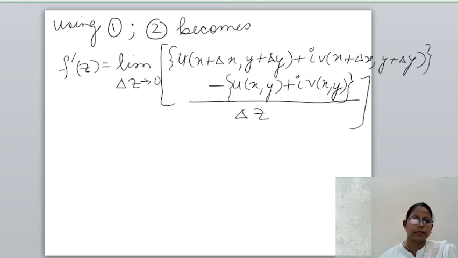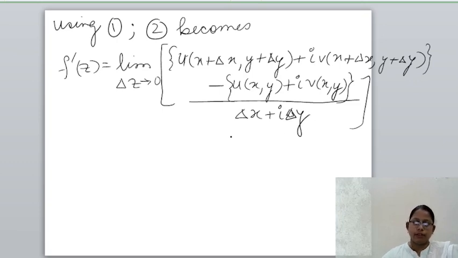What is delta z? Delta z is delta x plus i delta y. So rearrange this term, write u with u.